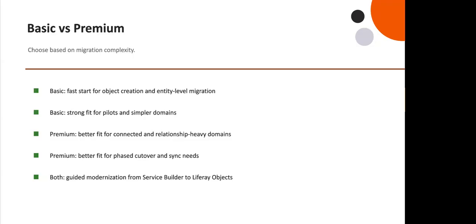Until we 100% migrate or shift from Service Builder to Liferay objects, both sets of data should be in sync. The premium version provides that functionality as well. At the end, you can do the sync, both data sets will be in sync, and you can save directly to the Liferay object.